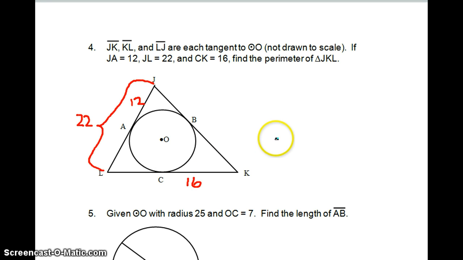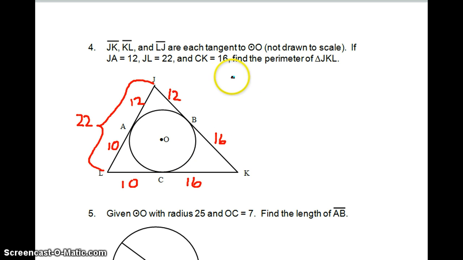So perimeter, we're looking for the distance around. First of all, we've got 12 here, so we can put 12 here. We've got 16 down here, so this is 16 over here. Well, we've got 22 for the whole distance, and this is 12, so this will be 10, and this will be 10. I just need to add them up.